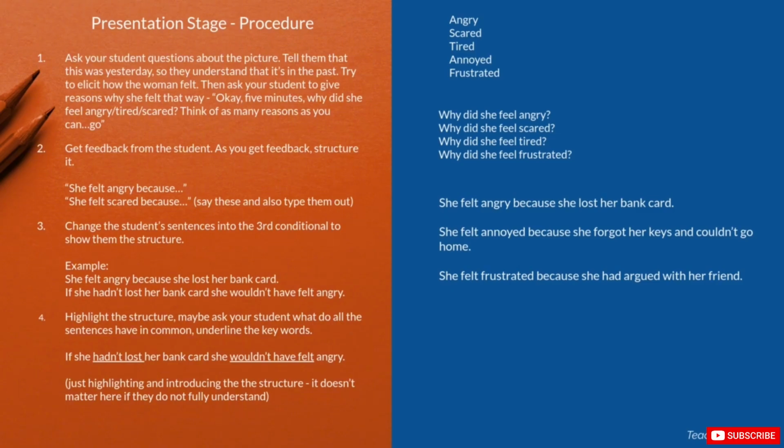We display this clearly on the screen for the student to see it. And again, we can ask the student to read through this. Okay, just read sentence 1. She felt angry, and then get the student to finish. Read the next sentence. Read the next sentence. And do you see here already, we have a clear structure that the student can follow. If somebody looks at this, they can see what we're doing.